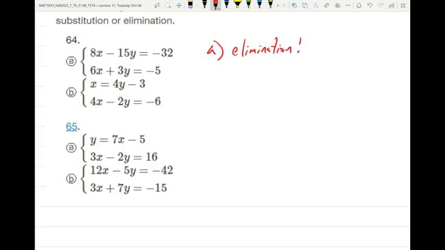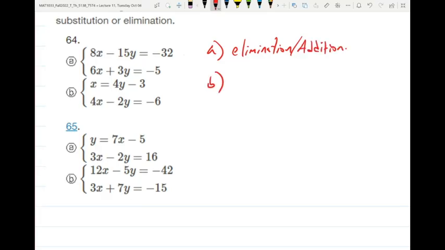If you try to solve for a variable, you're going to get fractions, and it's going to be the painful way. How about the second one? Elimination addition is the same. The other one is called substitution. So if you said elimination, thinking about substitution for the first one, no. Elimination addition is the same.